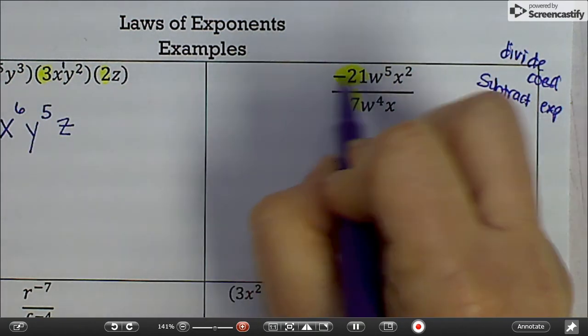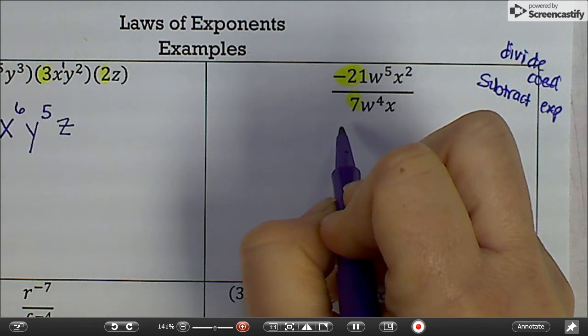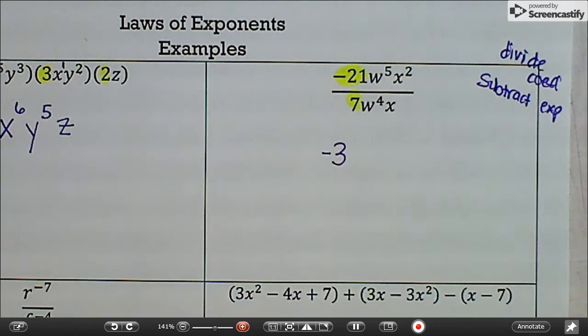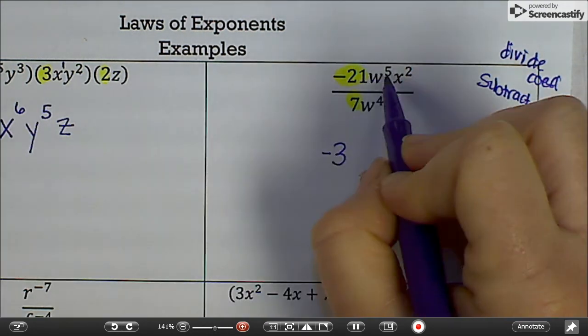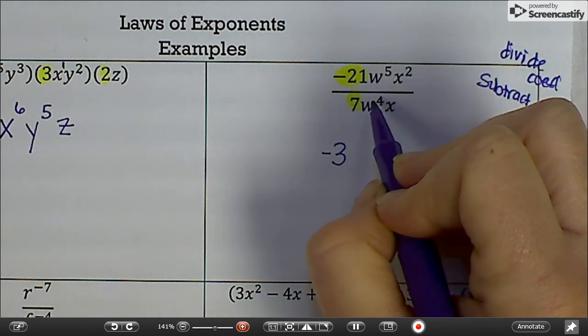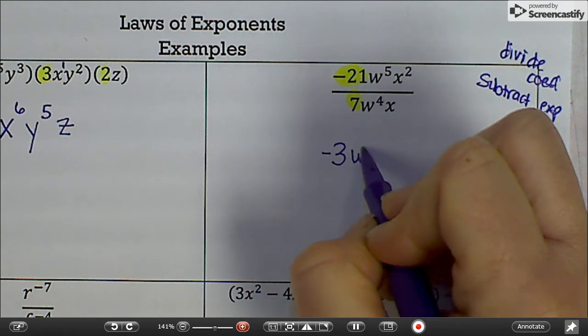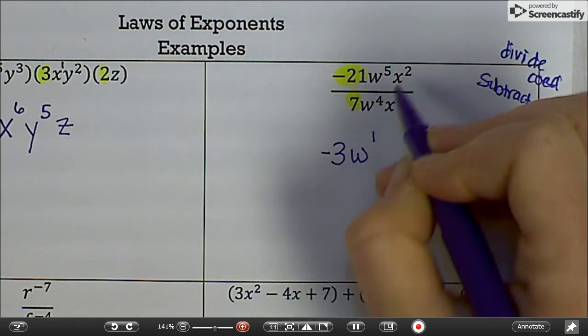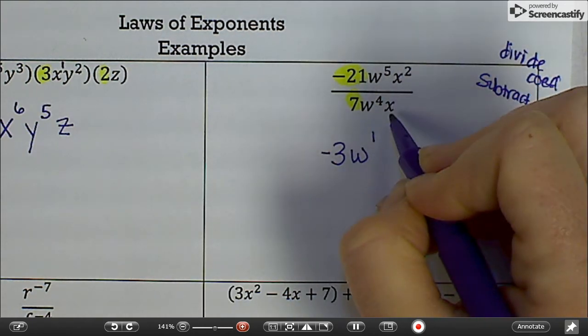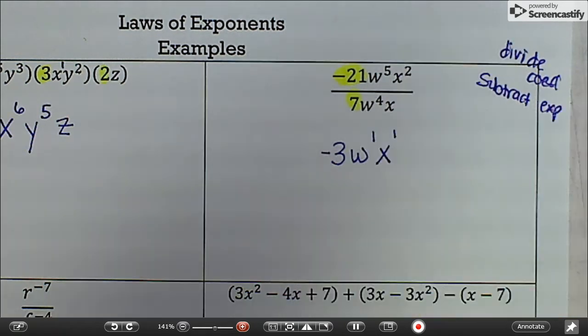So we have -21 divided by 7, which is -3. For w, we have 5 and 4, so we need to do 5 minus 4, which is 1. And x, we have 2 minus 1, which is 1.